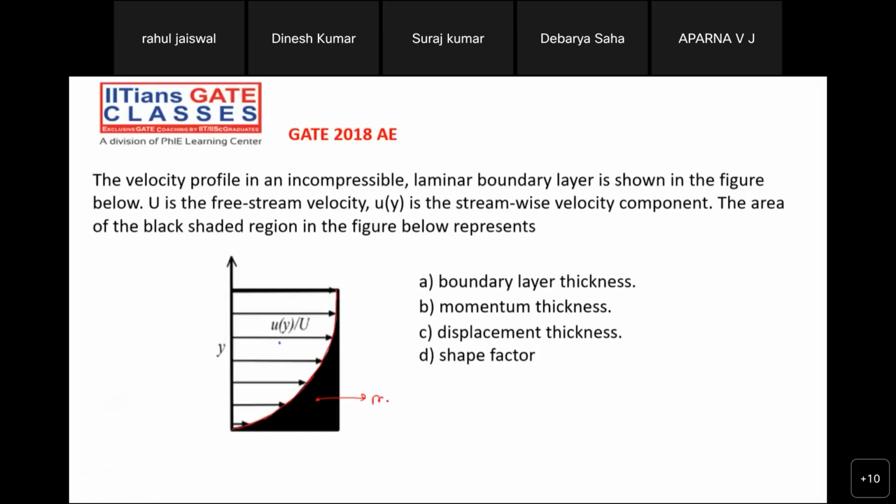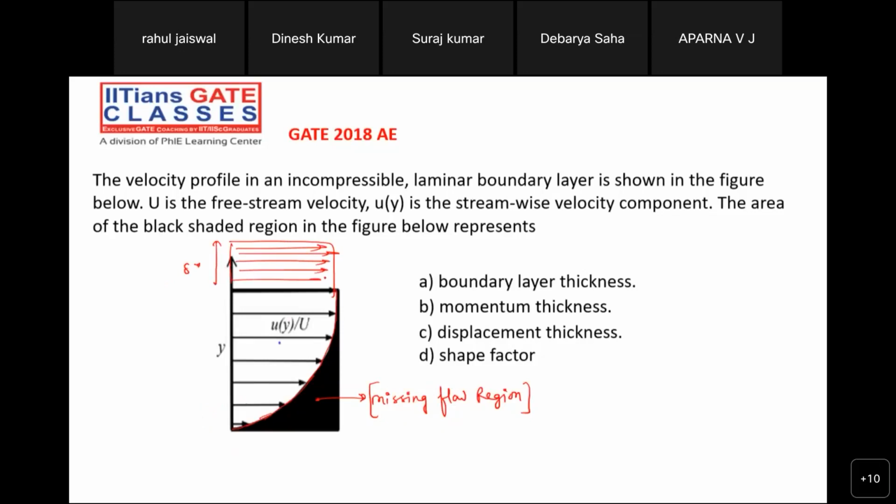This is nothing but the missing flow that I told you. Full flow has not been occupied. When the full flow is not occupied, there is a reduction in the mass flow. The same area I'm providing in terms of displacement thickness, something like that.